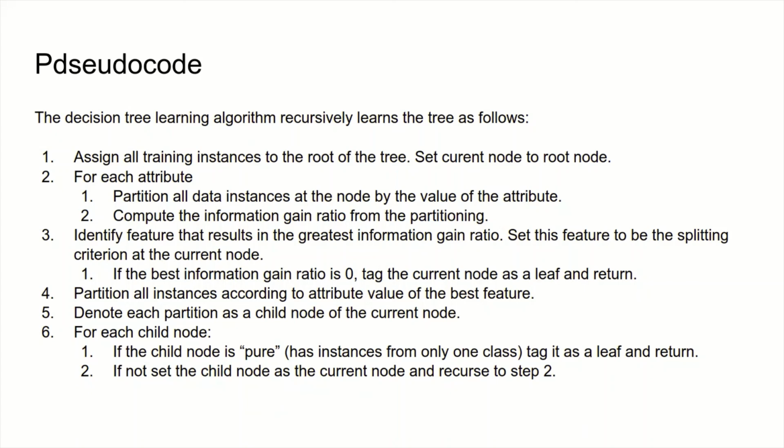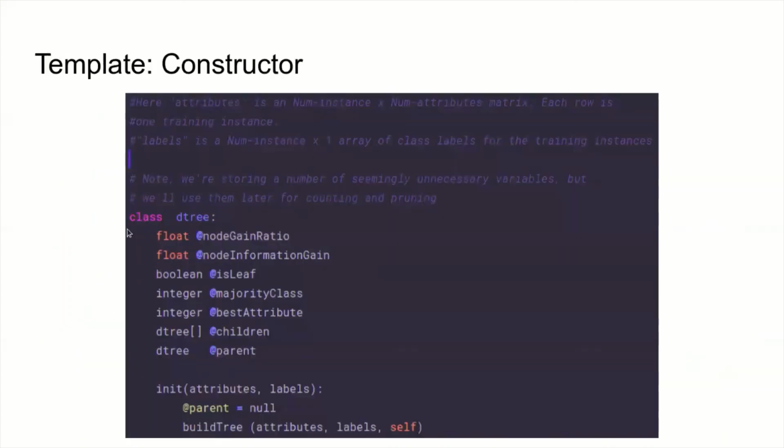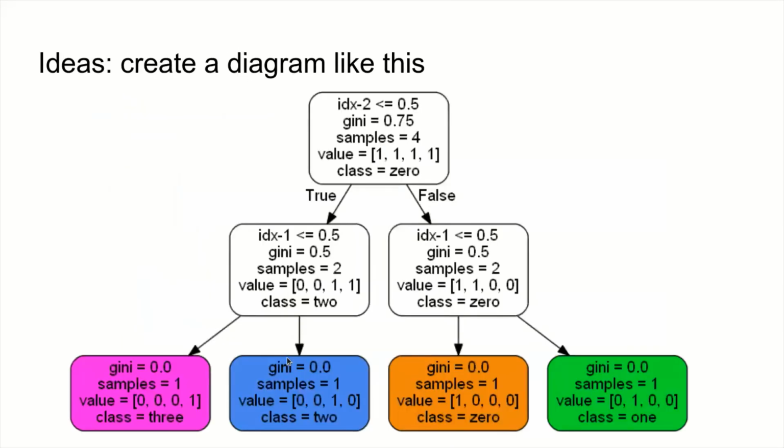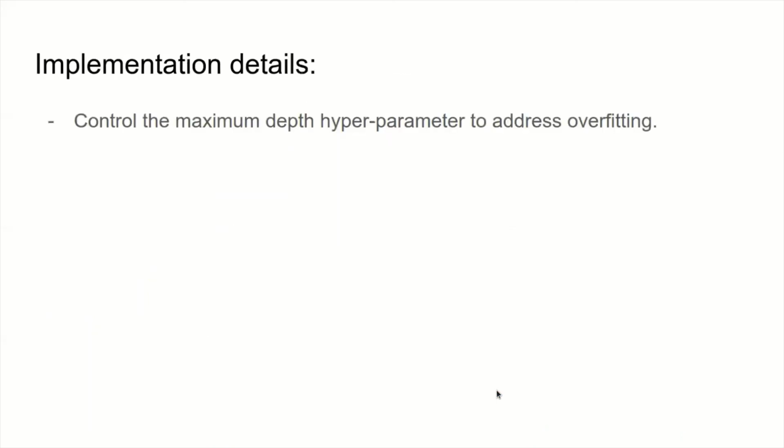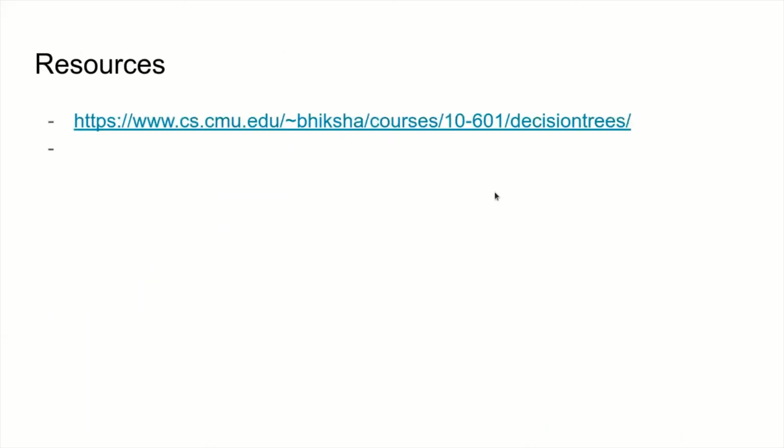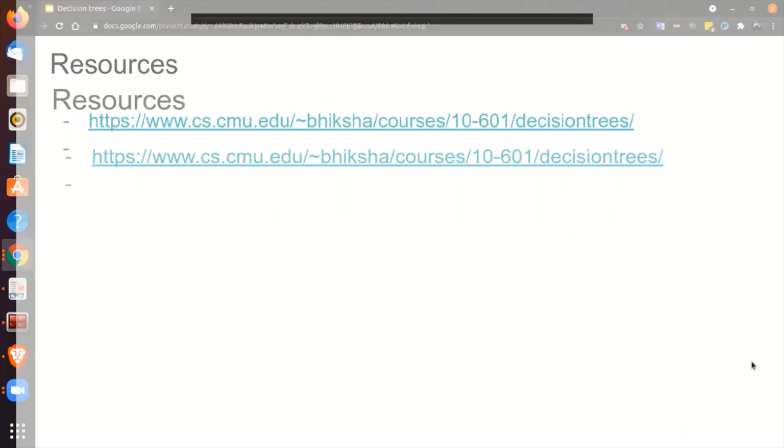Well, this is the pseudocode and a semi-implementation of this. So this could be an implementation. So yeah, you can construct, of course, these diagrams as well. It tells you a lot about the data, and these are the resources that you can take into account. So that's it, guys.